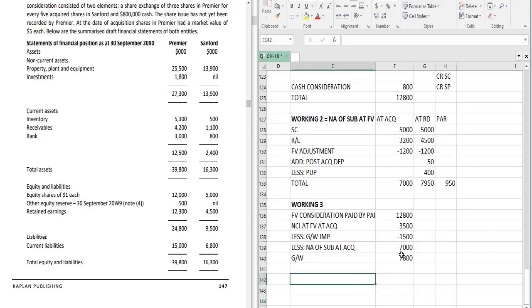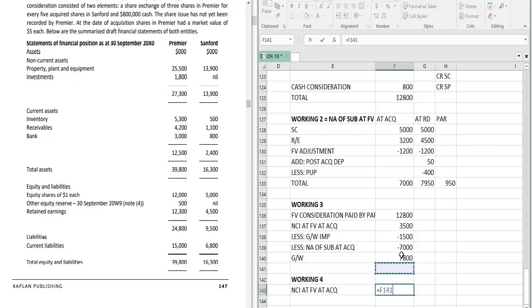Okay, so now we will move to working 4, which is for the NCI calculation. So first we will write down NCI at fair value at acquisition, which is 3,500, and NCI percentage of post acquisition reserve. I have written it in the shortcut PAR, which stands for post acquisition reserve. So NCI percentage is, I think, 20%, into the post acquisition reserve we have calculated now in working 2.